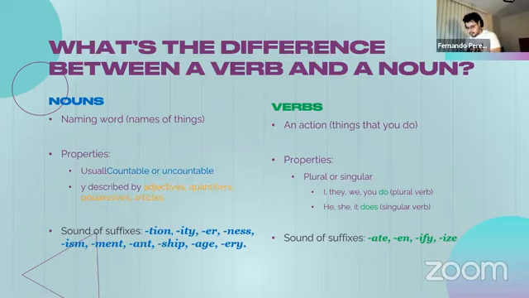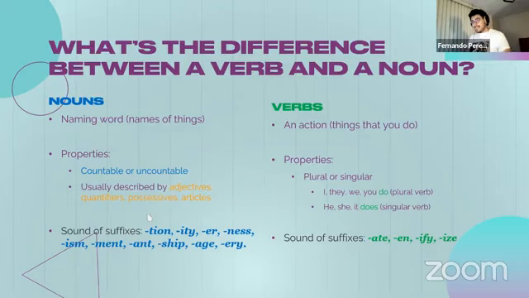And they are usually described by adjectives, like quantifiers, for example, some, many, a lot of, much, etc. And usually these nouns end in the suffixes -tion, for example, communication; -ity, like diversity.